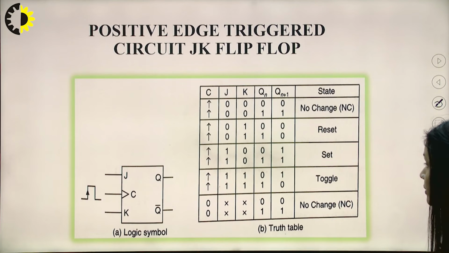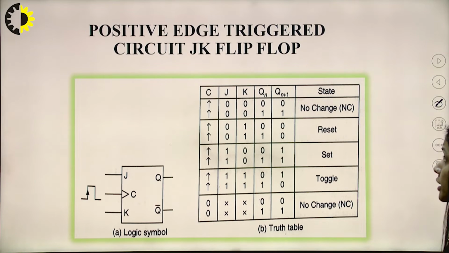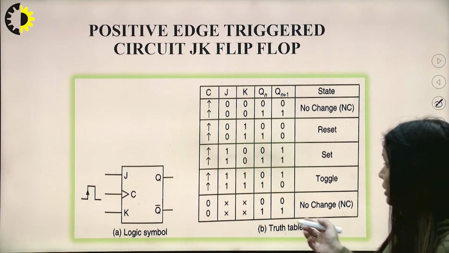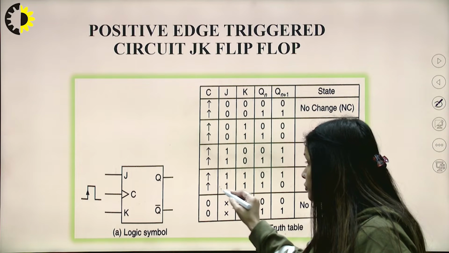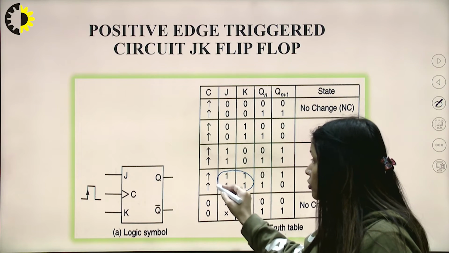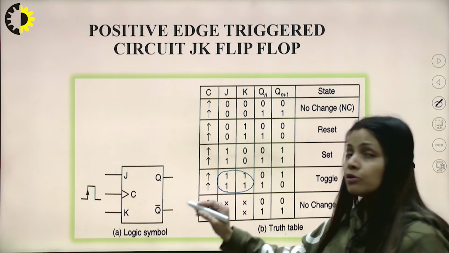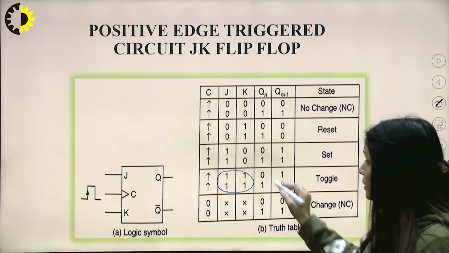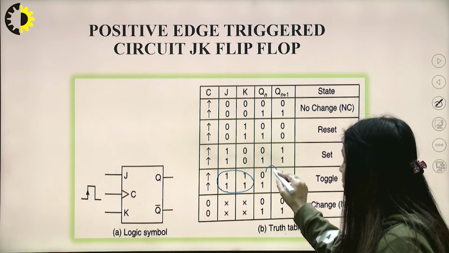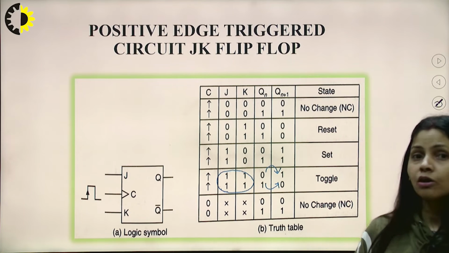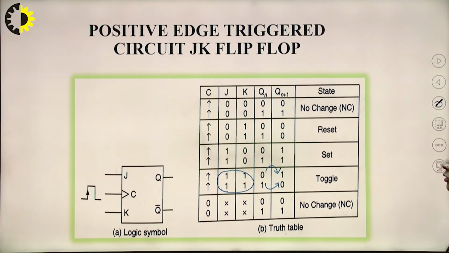Coming here, in the JK flip-flop the indeterminate condition has been removed, as you can see, for clock high. For clock high and J equal to 1, K equal to 1, the previous output gets reversed, or toggled.